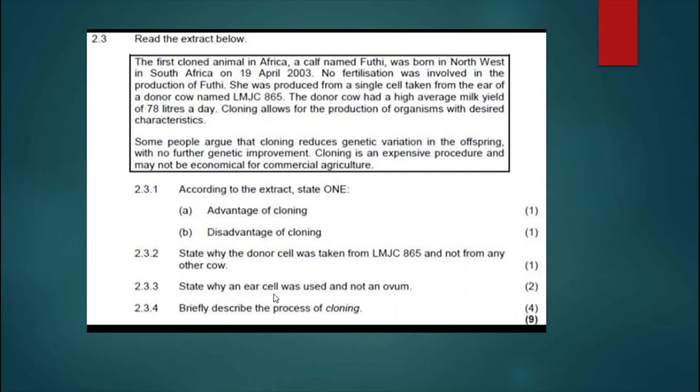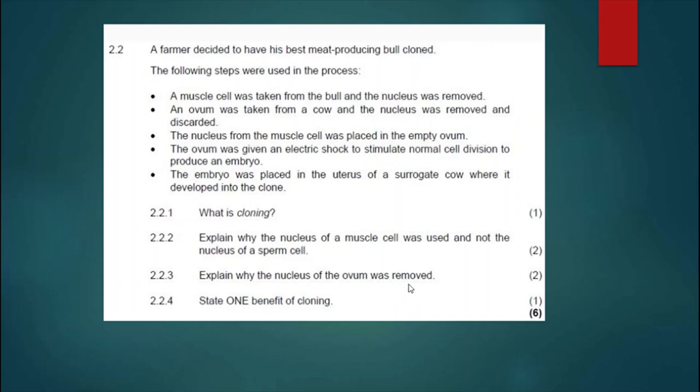State why an ear cell was used and not an ovum. These questions are the same. And how do you answer this type of question? You're going to say that an ear cell is diploid, whereas an ovum is haploid. That's all. Well, this side you're going to say the muscle cell is diploid, whereas the sperm cell is haploid. That's all.